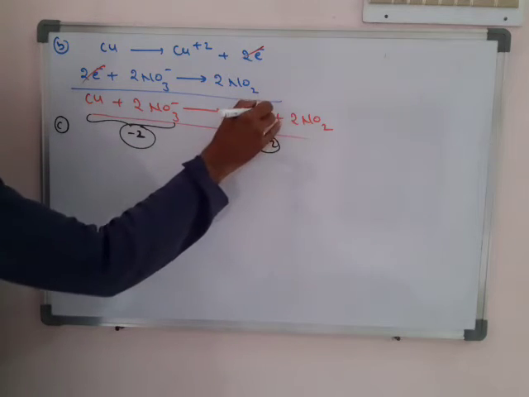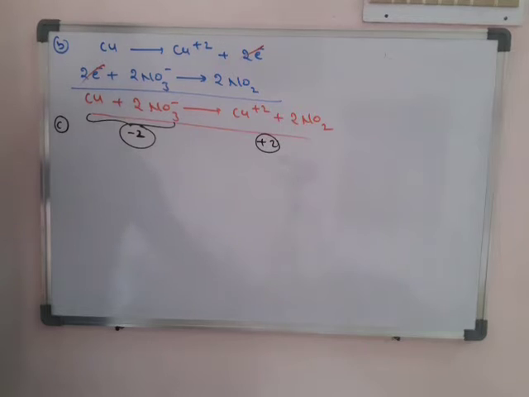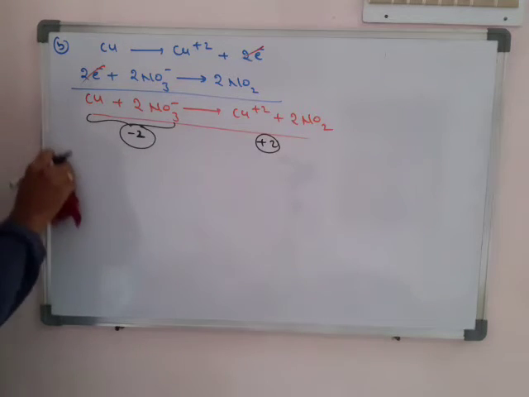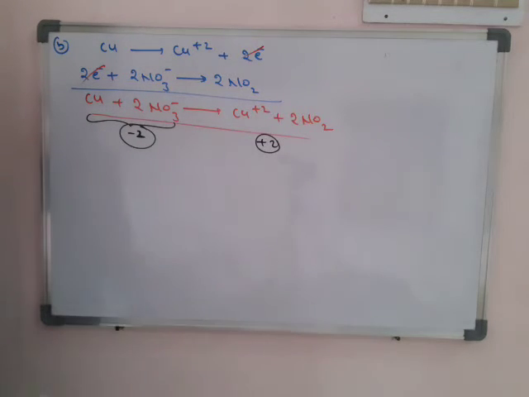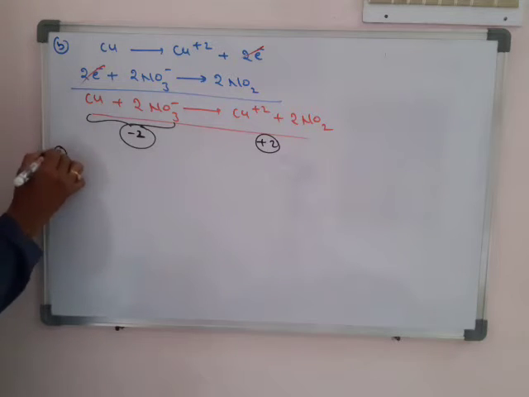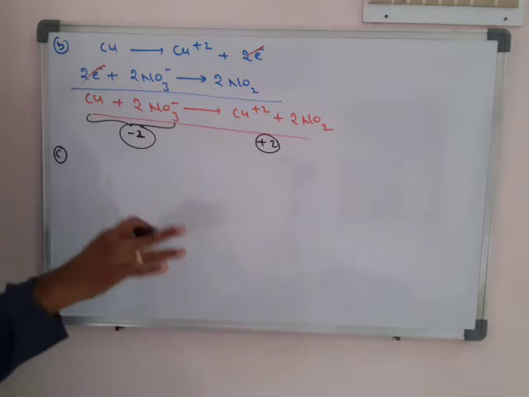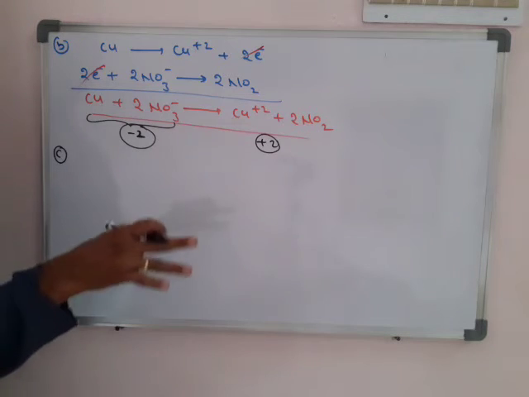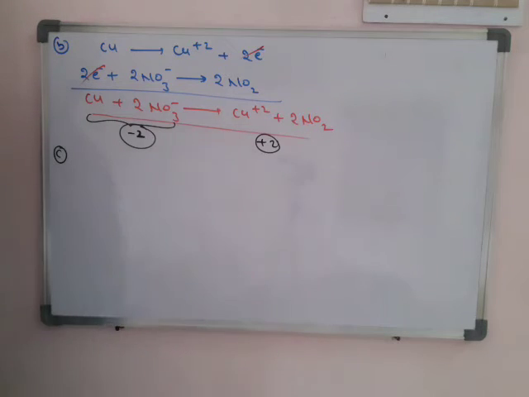Here there is 0, here +2, here -2. So here, since it is acid medium, what is the choice? In acid medium, what to add is H+ ions. Okay, in acid medium, for balancing charge we need to add H+ ions where the charge is least.